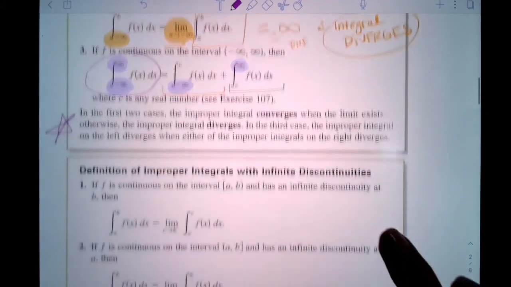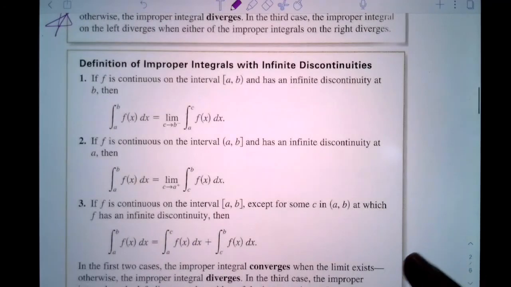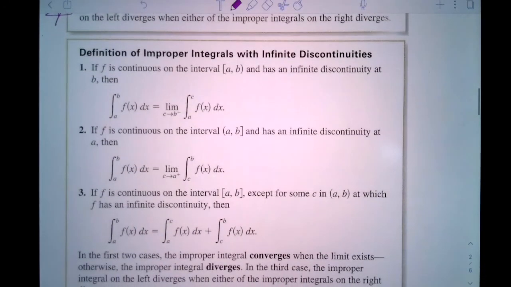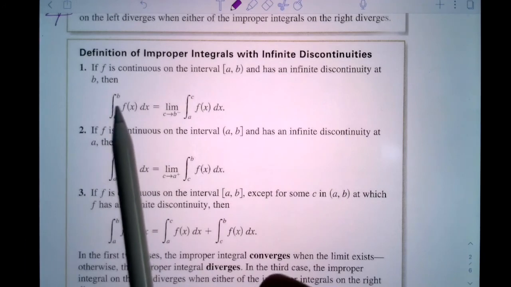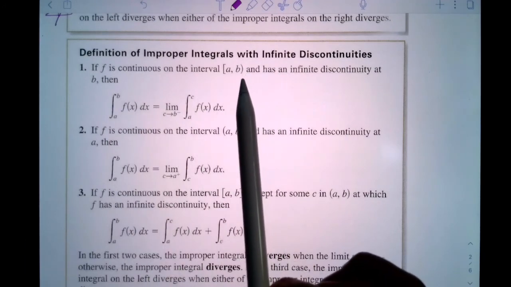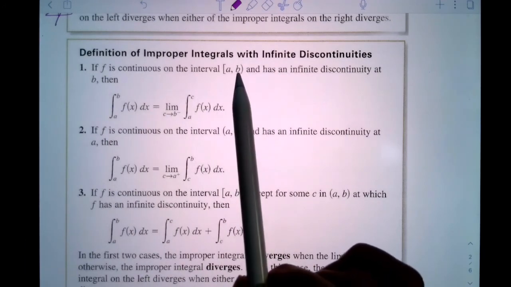Okay. Now, when we have integrals with infinite discontinuities, we're going to take the same approach. We're going to identify the problem; you have to recognize that there is a problem, and then go from there. All right. So what you're going to see me do is use this process of identifying whatever the issue is. So let's say in problem number 1, you have some kind of discontinuity at the upper limit of integration.